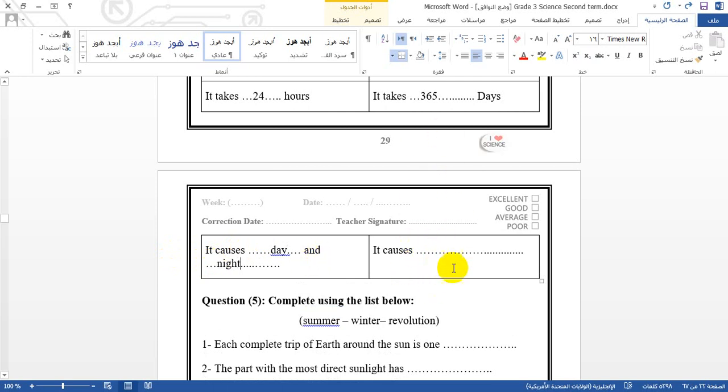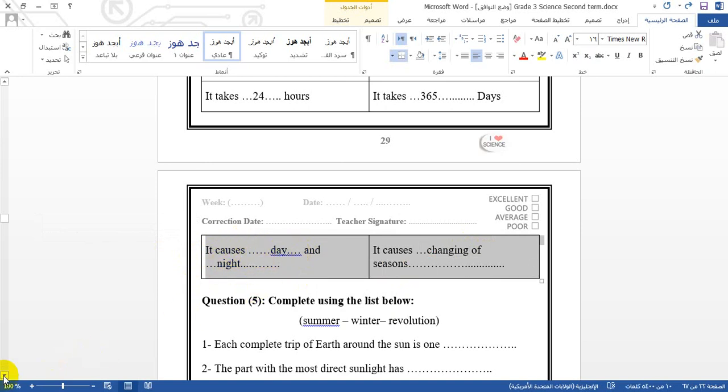When the earth moves around the sun, it causes the changing of seasons. Okay, but what about here now? When the earth moves around itself, it causes day and night.